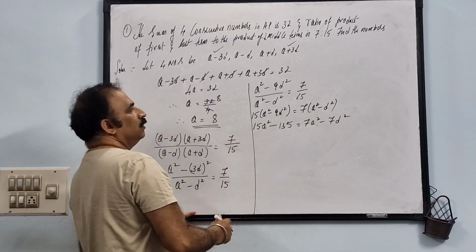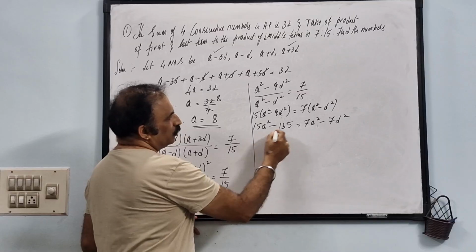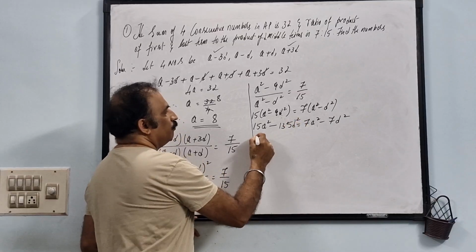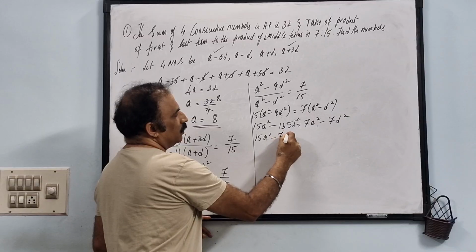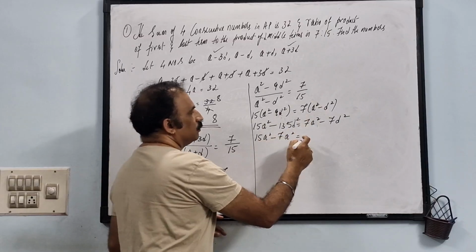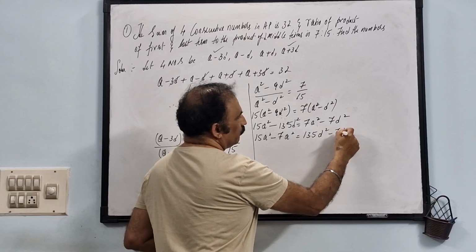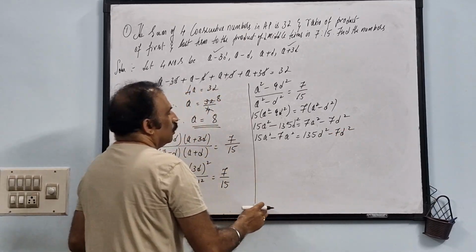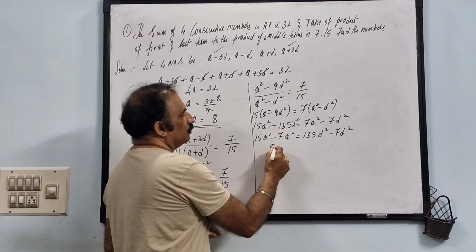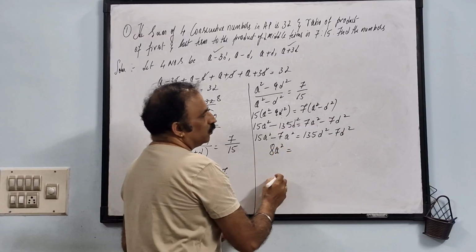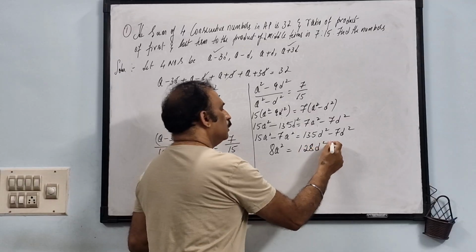Now shifting to one side, since you are finding the D value, 15A square as it is, shift this, it is going to be minus 7A square, and 135D square is shifted, it becomes plus 135D square minus 7D square. Now 15 minus 7 is equal to 8, so 8A square is equal to 135 minus 7, that is 128D square.